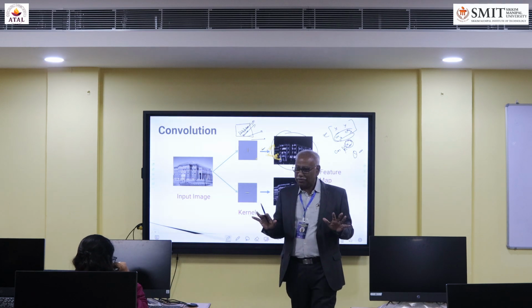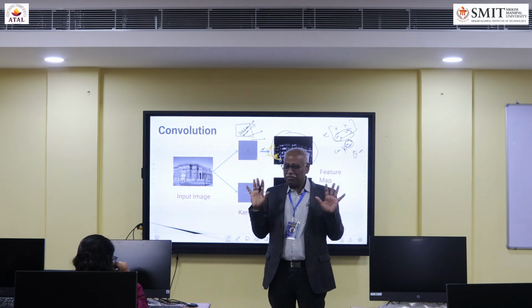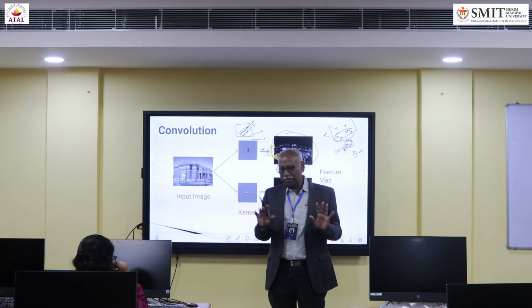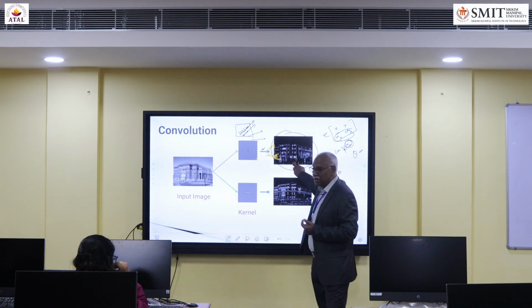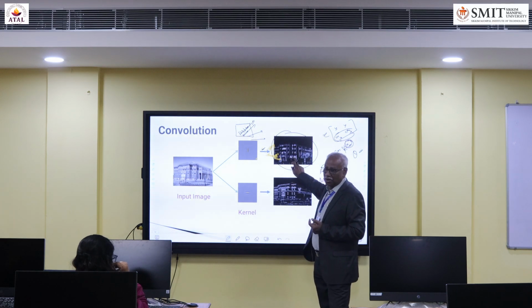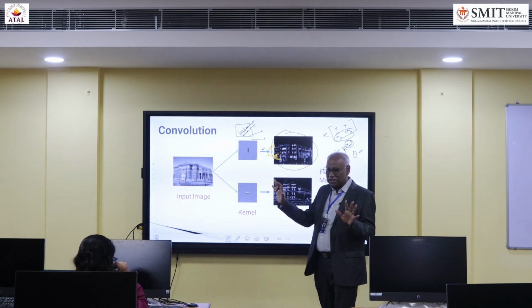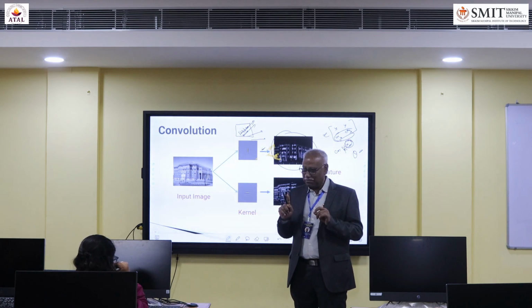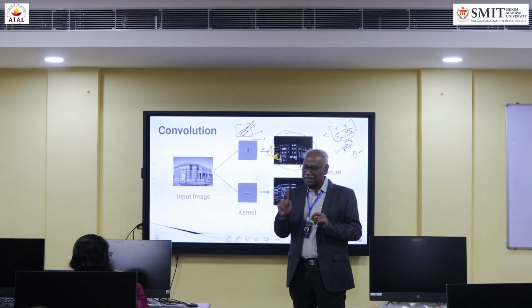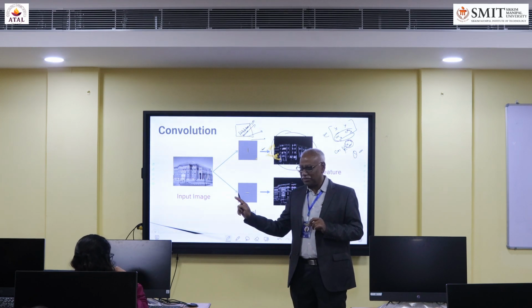So if I have, say, 25 kernels for different values of sigma, omega, and theta, I have 25 such outputs for a single image. If the images are different, maybe some of the outputs will be the same, but at least there will be some outputs which will be different.